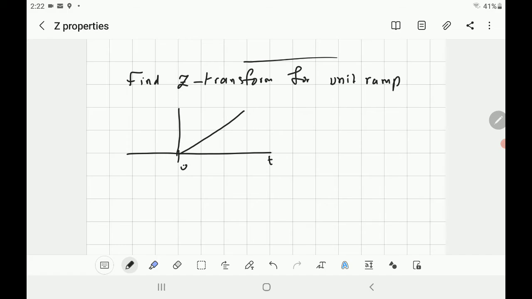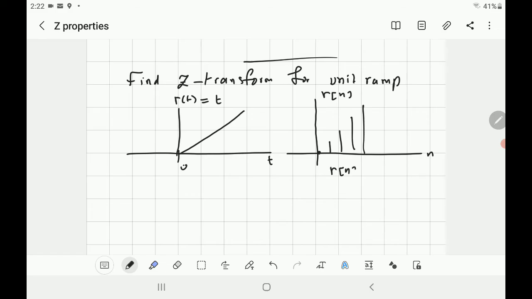It's the time, and r of t is equal to t, slope 1. If you do the discrete version, you'll have n, and you have r of n. You have 0 and start, increase linearly. So r of n is equal to n, and since it starts from 0, you have to multiply by the unit step u of n.